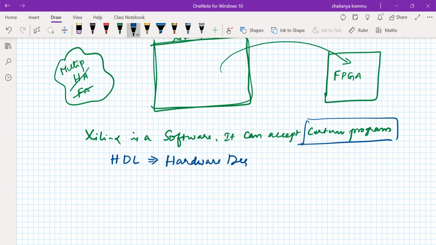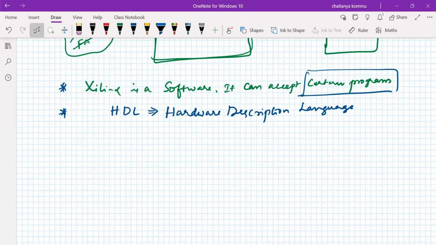So the Xilinx will accept this hardware description language, so that this information will be transferred into the FPGA comfortably. These 2 points we should note. Now the third point is, how do we describe a circuit by using HDL?